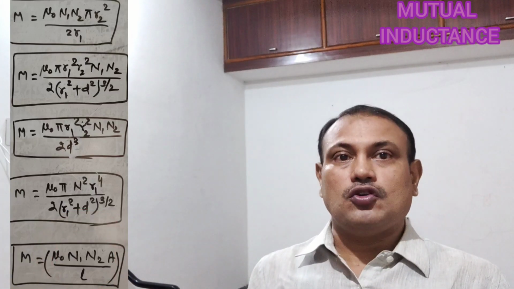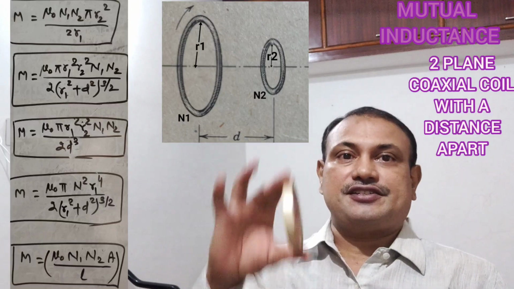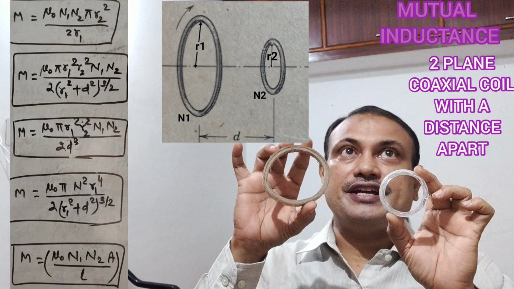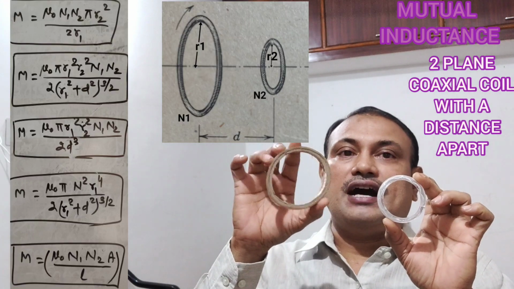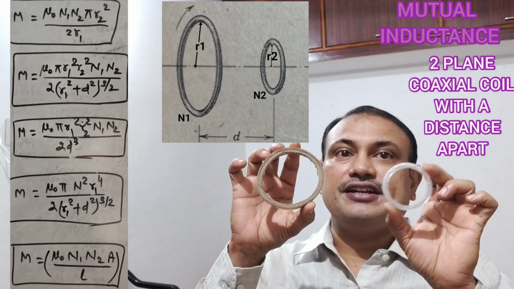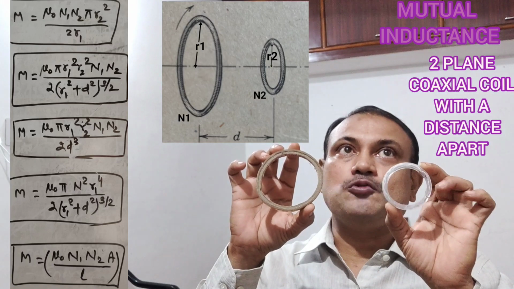If you have two coils with different radii, one bigger and another smaller, the number of turns we take here is n1, and r1 is the radius which is greater than the radius of the second coil, and the number of turns in the second coil is n2.